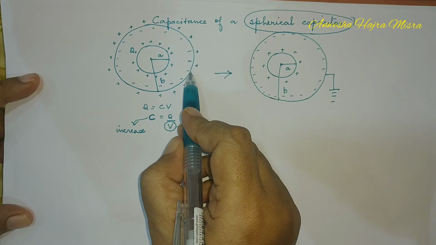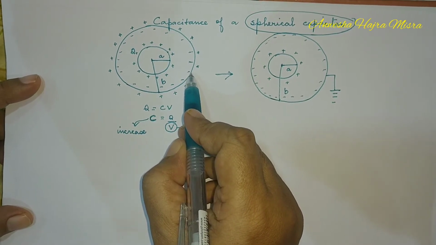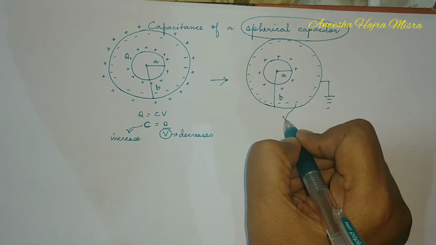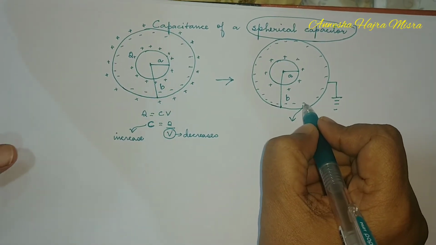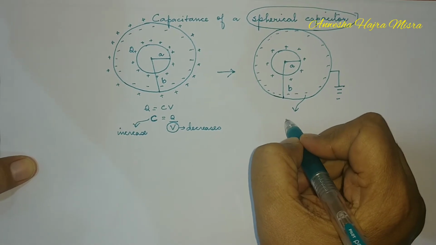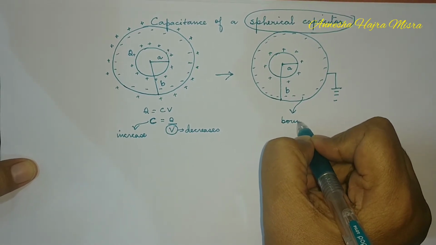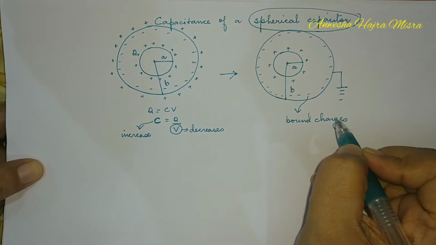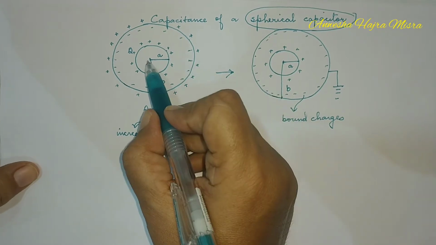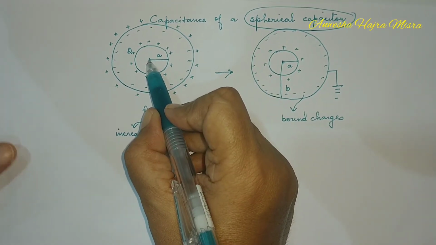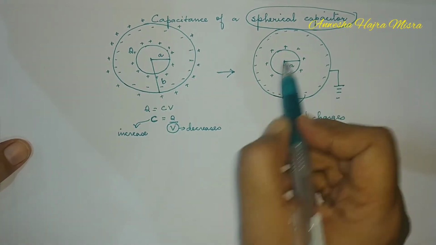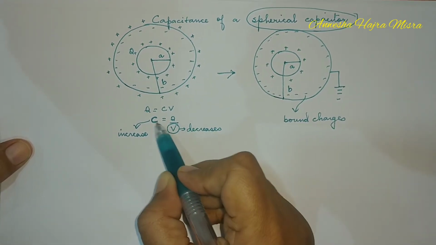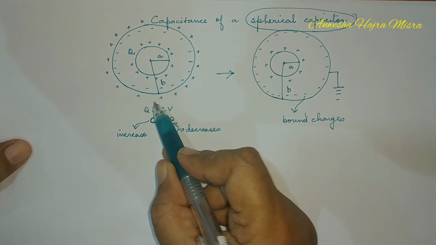The positive charge is no more because it has been neutralized by the electrons from the earth. But the negative charge can't go because the negative charge is bound by the positive charges. So what happens? There is no one to increase the potential of the inner sphere. Only negative will reduce the potential. So my potential gets reduced further and capacitance increases further.